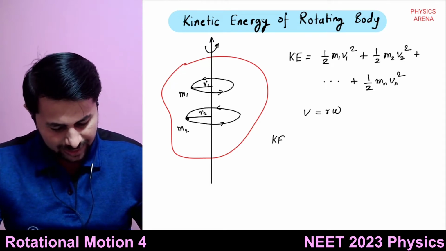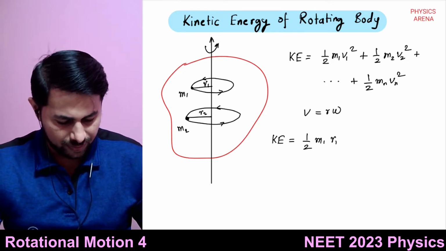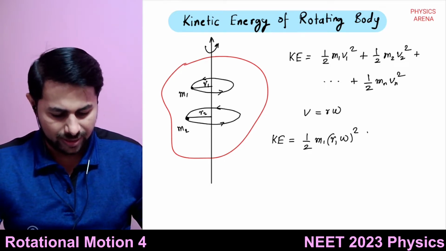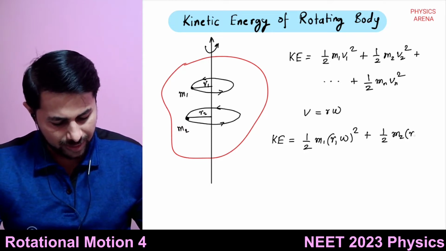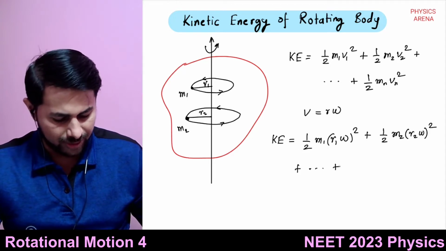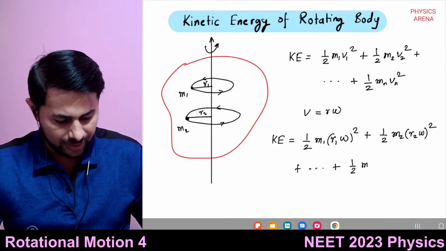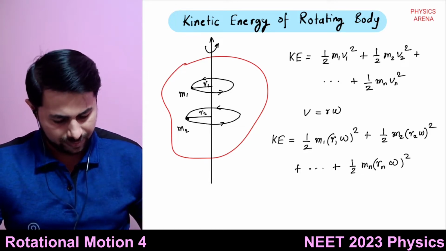So we can say kinetic energy is equal to half of m1 r1 square omega square, plus for the second particle half of m2 r2 square omega square, plus so on and so forth up to plus half of mn rn square omega square.